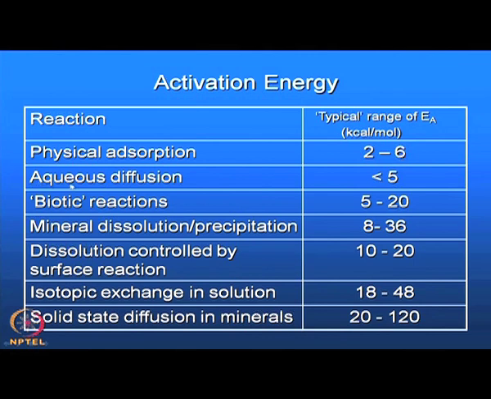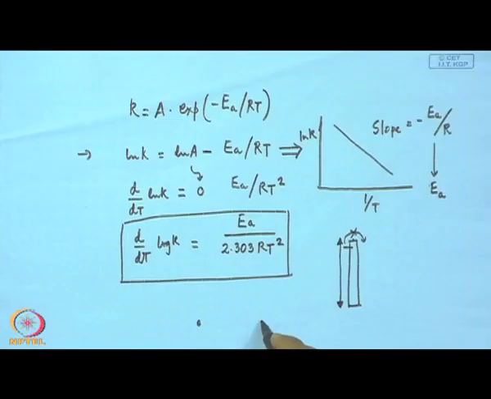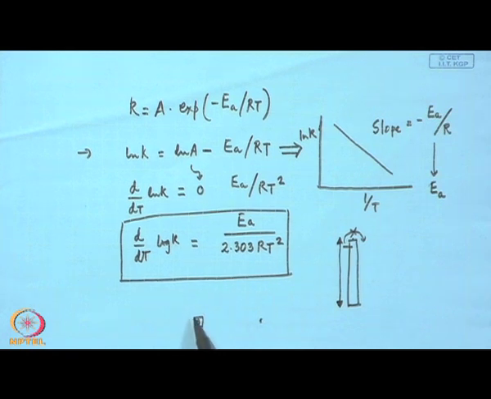Next comes aqueous diffusion. In an aqueous medium, if something is diffusing, it will also require some amount of energy to diffuse from one position to the other. Suppose the particle is here and it wants to move from here to here. If there is no vacant position, this particle cannot move.